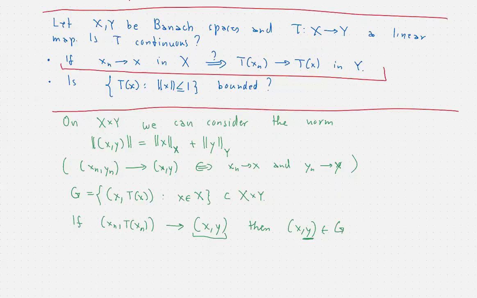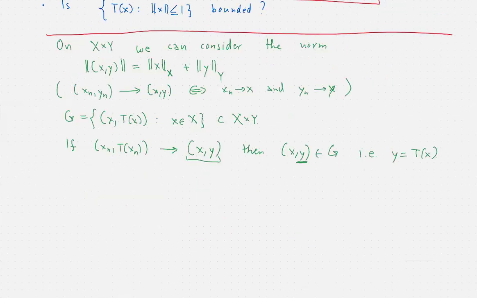So in other words, what one needs to check in order to establish the conditions of the closed graph theorem is that if x_n tends to x and T of x_n tends to y, then T of x is equal to y.